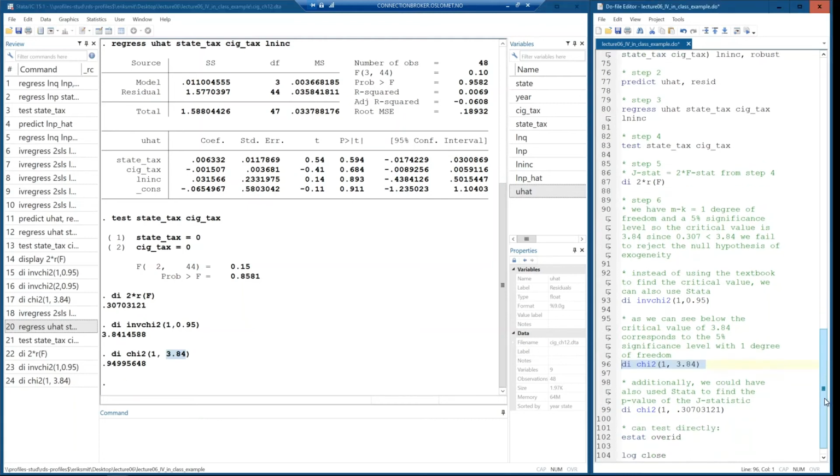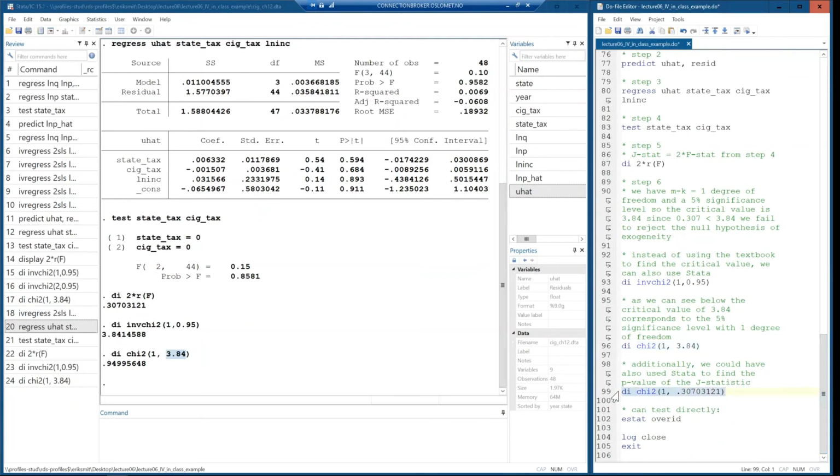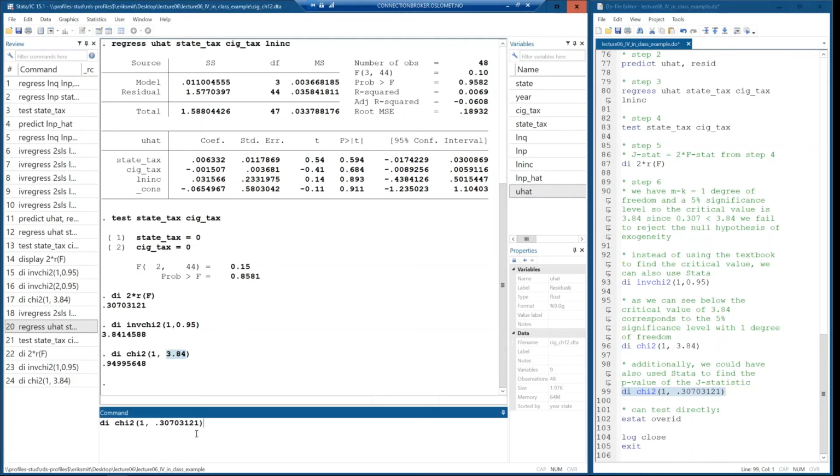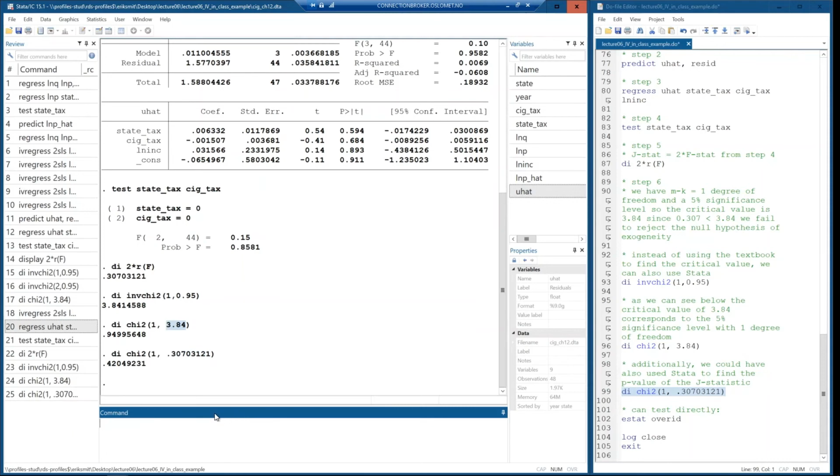And you can also find the p-value of the J statistic by Stata, and you just write display chi-squared with 1 degree of freedom, and you have the J statistic here, and you find the p-value. And in 42% of the cases, you would actually expect a higher value of this process just by chance.